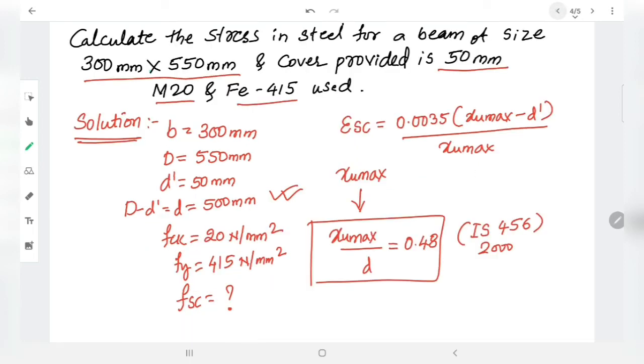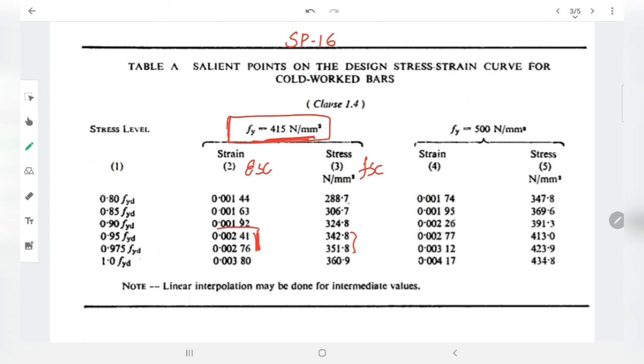First one is 0.00241. I will choose this value first, and the respective FS is 342.8.